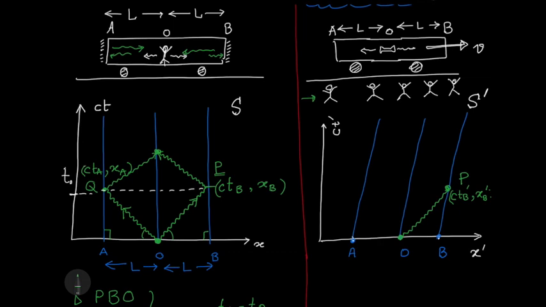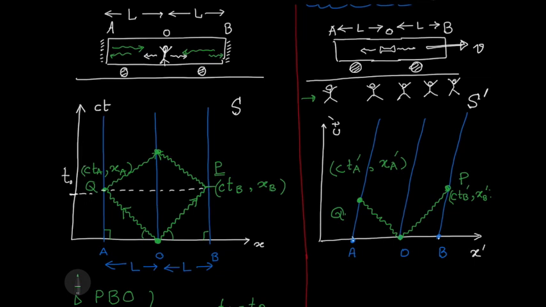one side. What about the other side? Well, it will go on 45 degree and it will reach somewhere here. So that will be the event Q. So this is like when the light reaches the mirror at A. So this I will call C T A prime, X A prime.